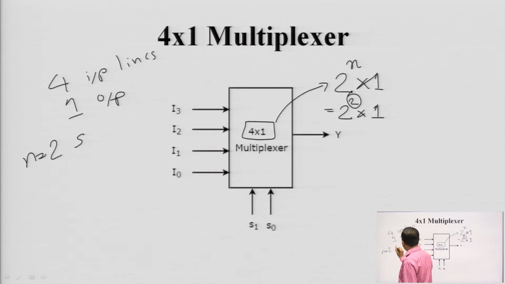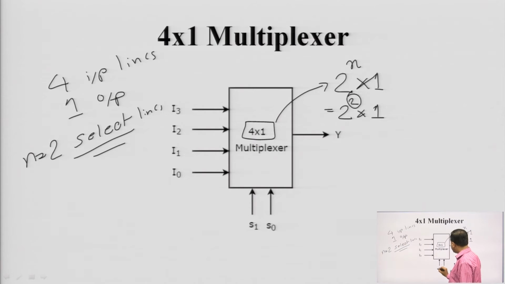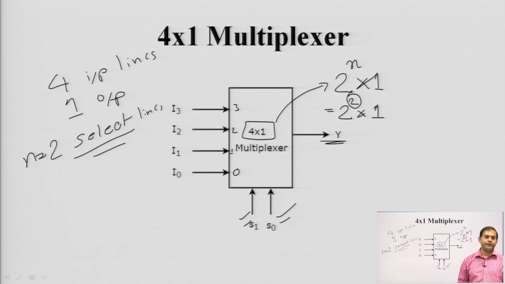So there are 2 select lines, termed S1 and S0, 4 inputs 0, 1, 2 and 3, and only one output Y.